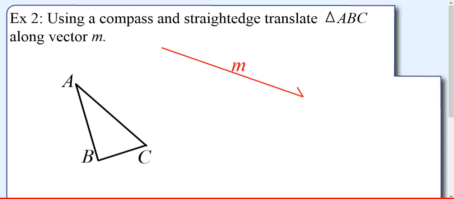So what we need is a bunch of parallel lines to this vector. We need a parallel line to vector M that goes through A, another one through B, and another one that goes through C. So we need 3 parallel lines.